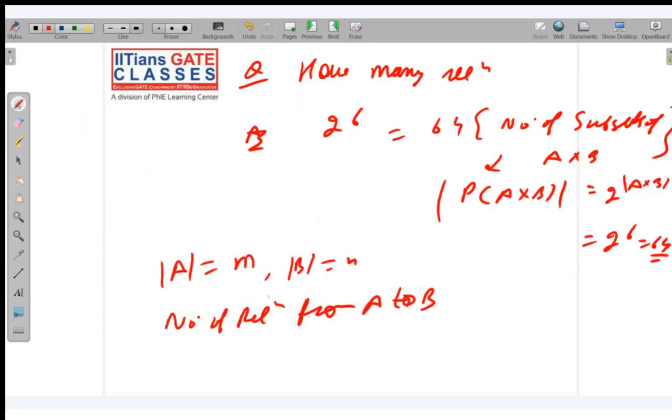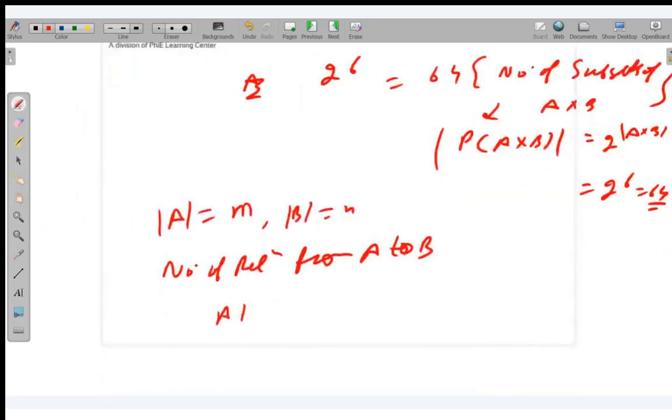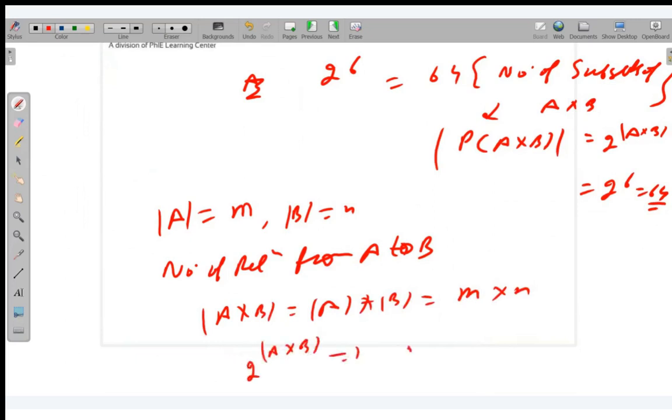First of all, I have to find the cardinality of A cross B. A cross B cardinality will be the cardinality of A multiplied by the cardinality of B, that is m into n. And the number of relations will be 2 power the cardinality of A cross B. It comes out to be 2 power m into n. This is my answer. Any doubt? Understood, sir. Okay, so 2 power mn is the answer.